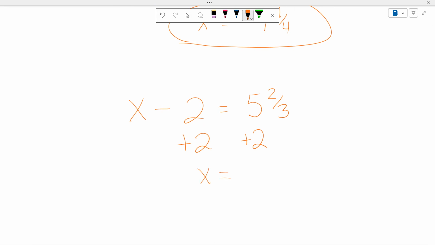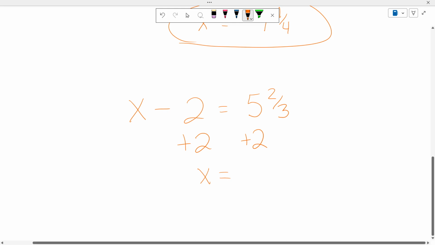He does know the answer, but we're waiting on you, Blake. What's 5 and 2/3 plus 2? You can get 6/3 with that. You're making it too complicated. So 5 and 2/3 plus 2 is 7 and 2/3.